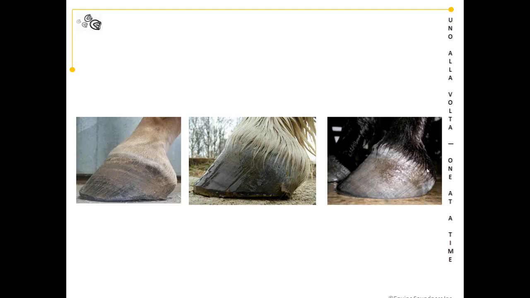And this is also a fairly healthy hoof. That the toe is too long, this belongs to an Arabian. That the toe is too long is a trimmer's mistake and not a conformation mistake. This could easily just be shortened a little bit more, and then that hoof would look not so much out of proportion.